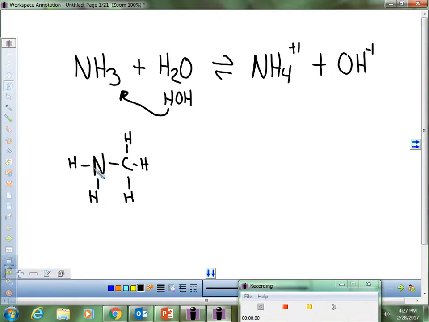It's basically an NH2 group stuck on a carbon. And since this is 1 carbon, the prefix for 1 carbon is meth. And so this is actually called methylamine. It's also a base. And so we need to recognize when we have an amine group, so you're going to see a carbon and then you're going to see an NH2.